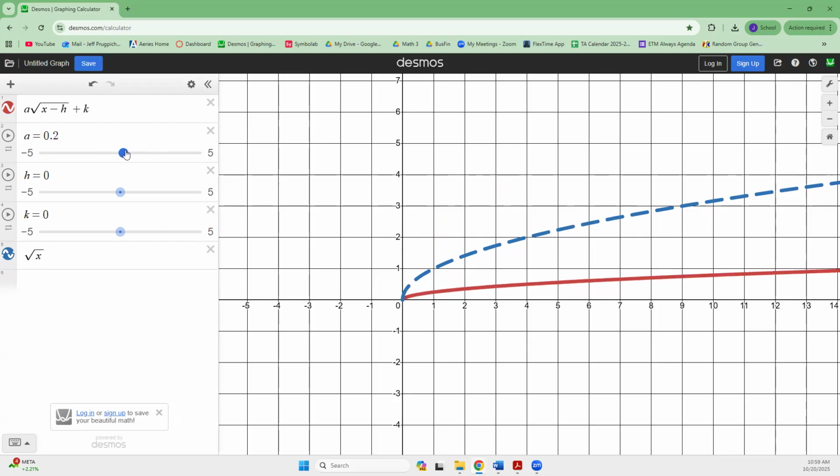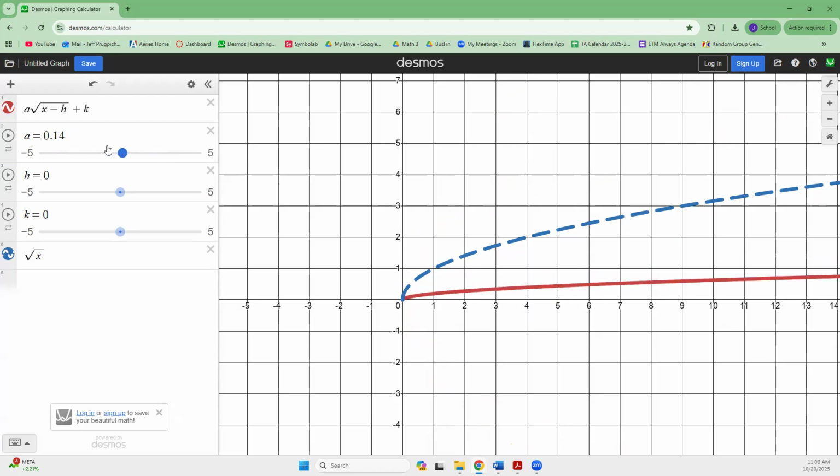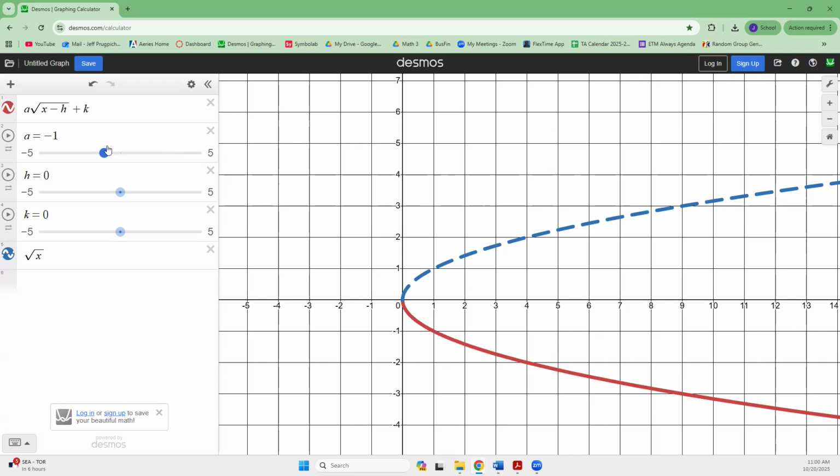Now, the second a goes negative, it gets flipped upside down. It gets reflected over the x-axis. But then same thing, when a gets more negative, the graph gets vertically stretched in addition to getting reflected. So again, a controls vertical stretch, vertical compression, and also reflection over the x-axis.